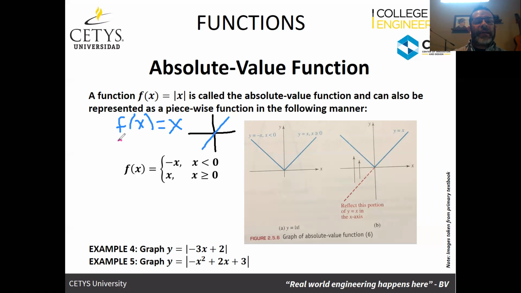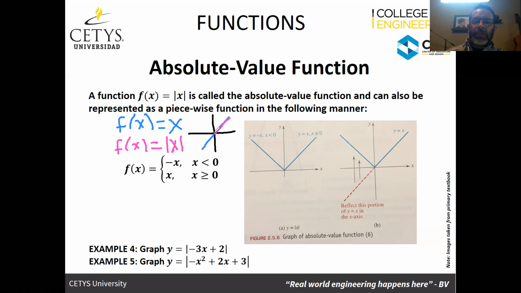Now, if I say that I want to find the absolute value of that function, what's going to happen with the graph? The positive part is exactly the same. The absolute value doesn't affect the positive part. That stays exactly the same.